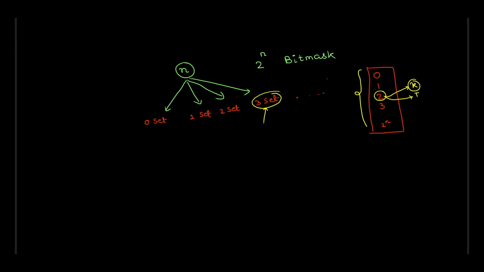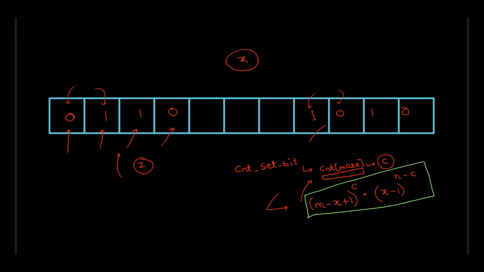So you will recall that for each bit mask we only had to maintain the number of set bits in that bit mask. We didn't really have to track the entire bit mask. So two bit masks with the same number of set bits are equivalent.